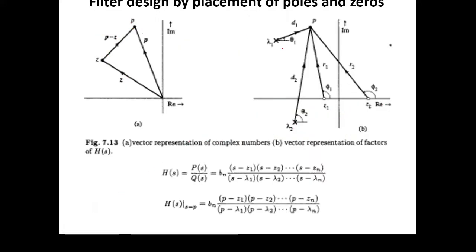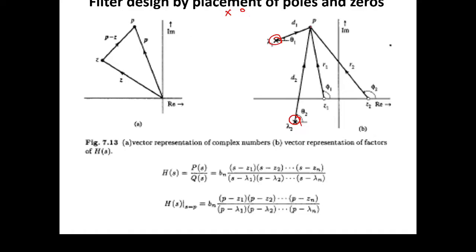Now, we have put lambda 1 and lambda 2, which are the poles, right? Poles are represented with x, and zeros are represented with small circles. So we have put these poles over here.